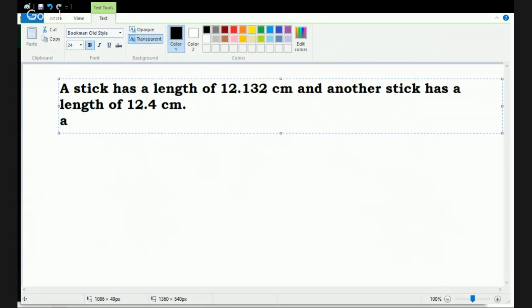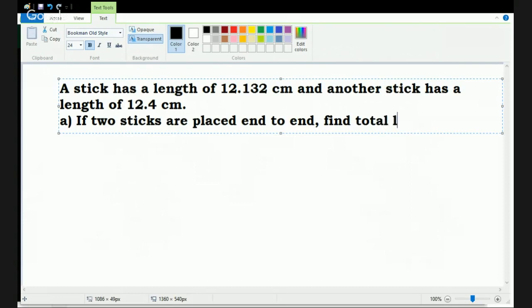Then a bit. If two sticks are placed end to end, find total length. My dear, please don't leak your answer. Hold on. B. Of course, taking significant figures into account.